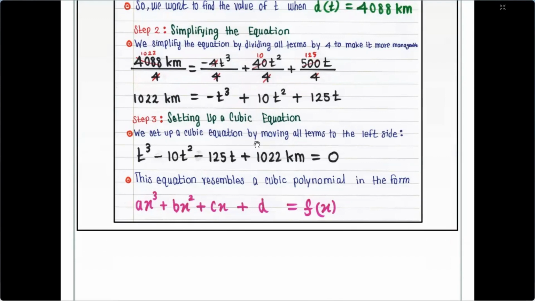We set up a cubic equation by moving all terms to the left side. So it will be t cubed minus 10t squared minus 125t plus 1,022 equal to 0. This equation resembles a cubic polynomial in the form ax cubed plus bx squared plus cx plus d equals f(x). Here f(x) is equal to 0.